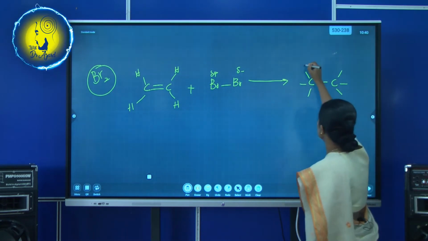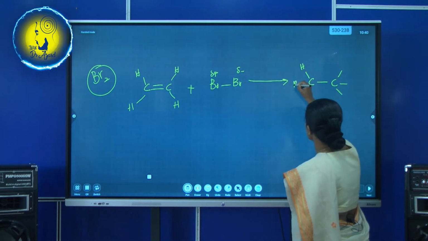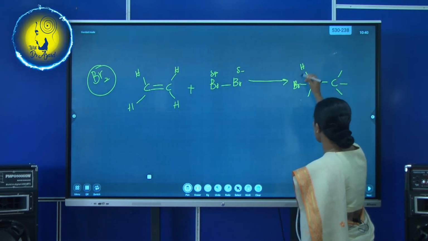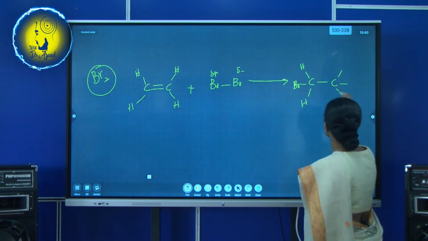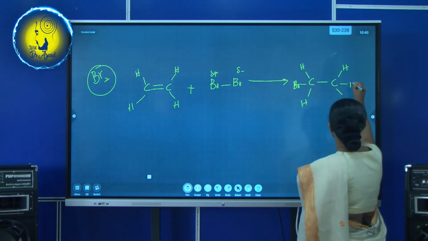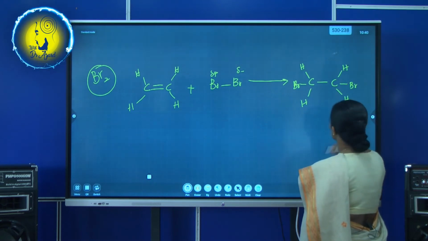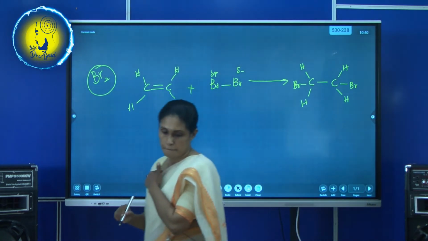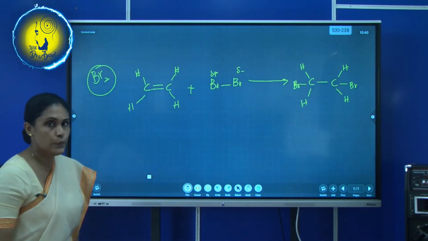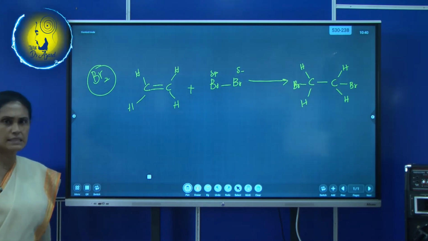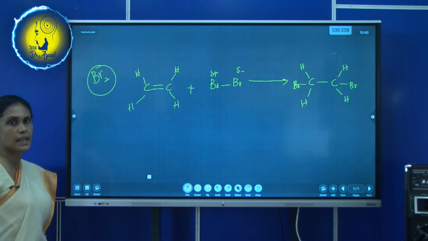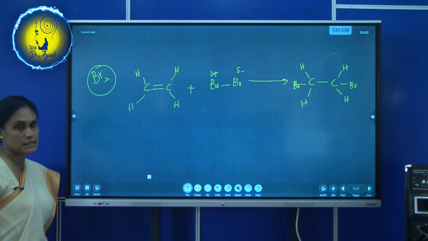Well, let's write. You can represent this Br anywhere here, no problem, but I drew it here. See whether you can understand that this is the simplest way to understand, though there are intermediate steps.